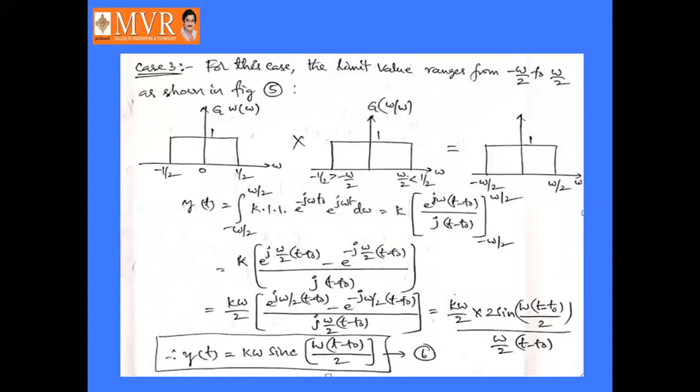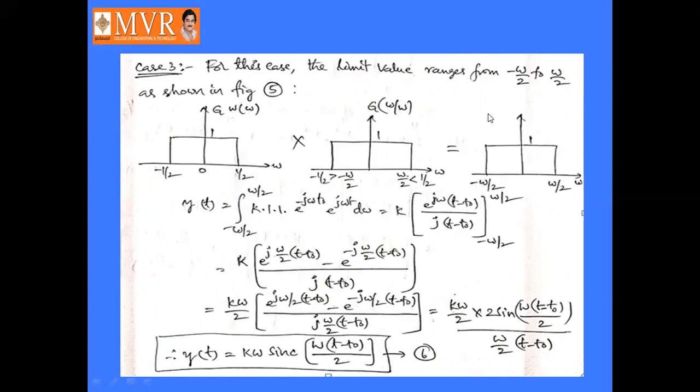Coming to case 3, for this case the limit value omega is less than 1, so the limits range from minus omega by 2 to plus omega by 2, as shown in figure 5. This is figure 5. This will be multiplied with this one, so it becomes minus omega by 2 to omega by 2.